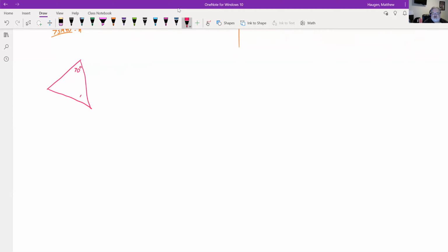We want this angle to be 60 degrees. That means this angle will have to be 50 degrees. So those are the angles our triangle needs. And somebody asks us to find the side lengths.